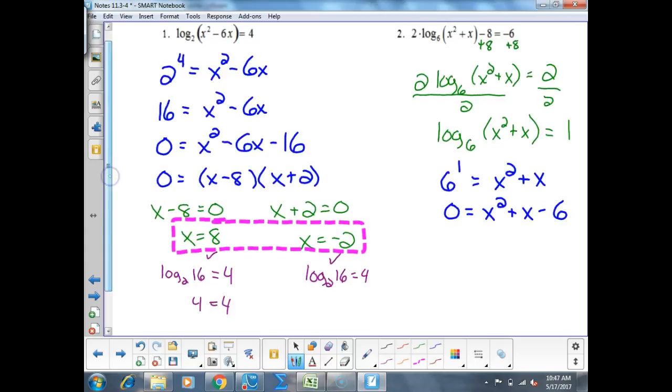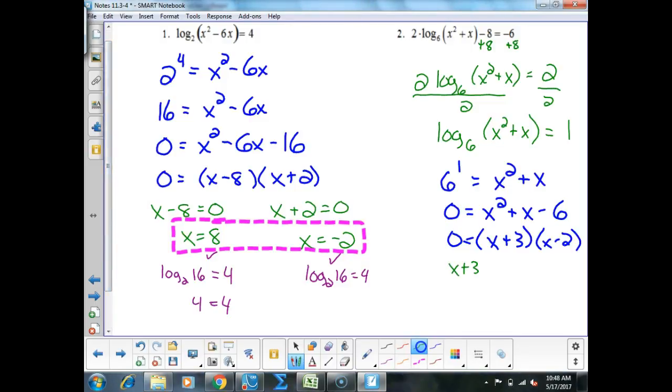Okay. x plus 3 and x minus 2. Then what? Now what?